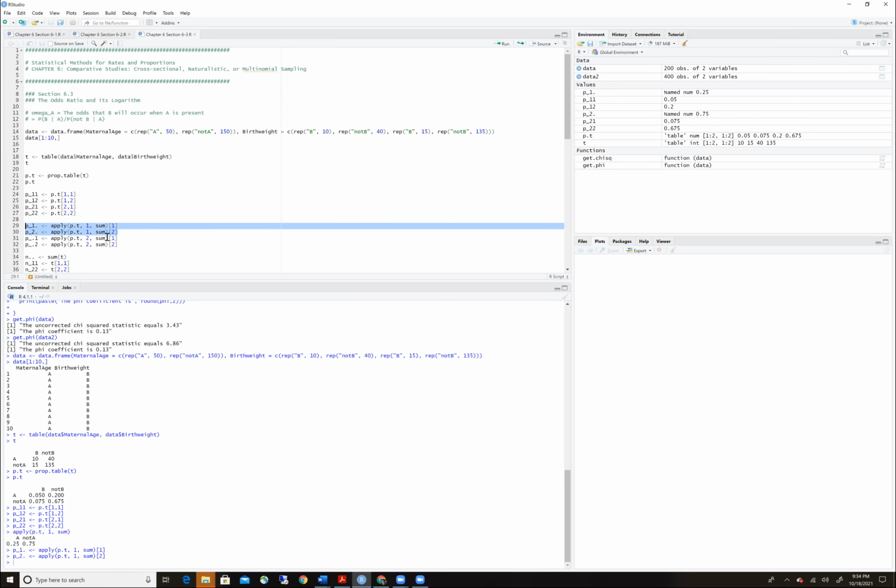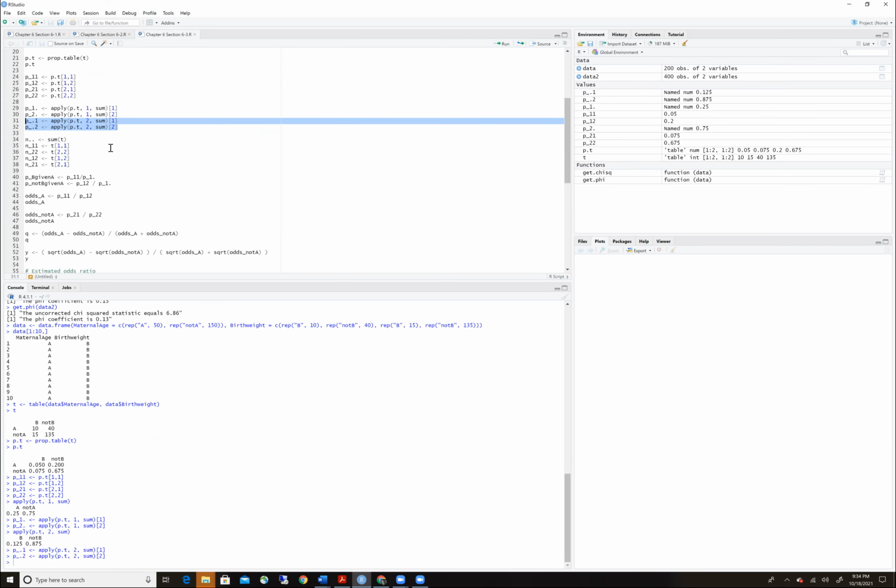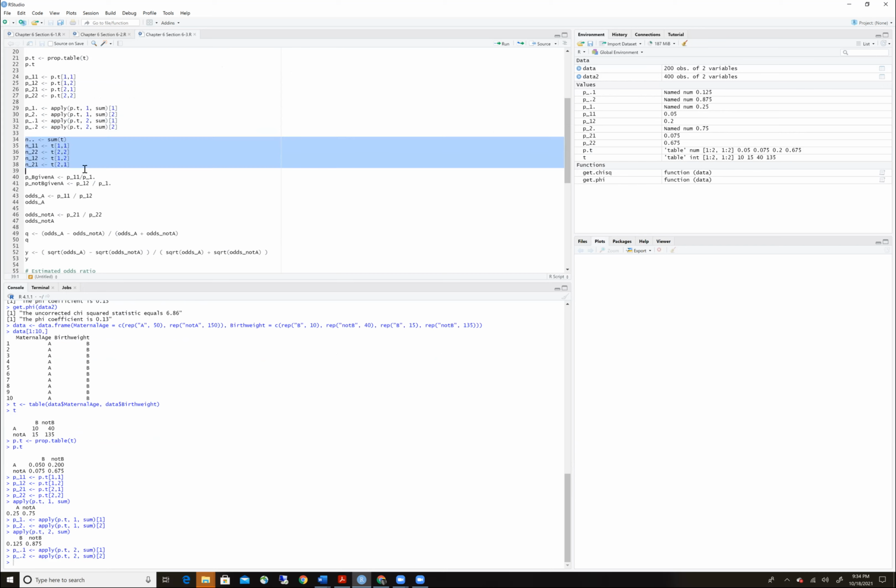Similarly, if I do the apply function on the columns, I'll have two proportions, and I can use the square bracket to pull off the first proportion or the second proportion to get P dot 1 and P dot 2. From here, I can also get the N dot dot, which is the overall sum of the table, and I can get the individual cell frequencies by picking off each of the pieces of my original table T.